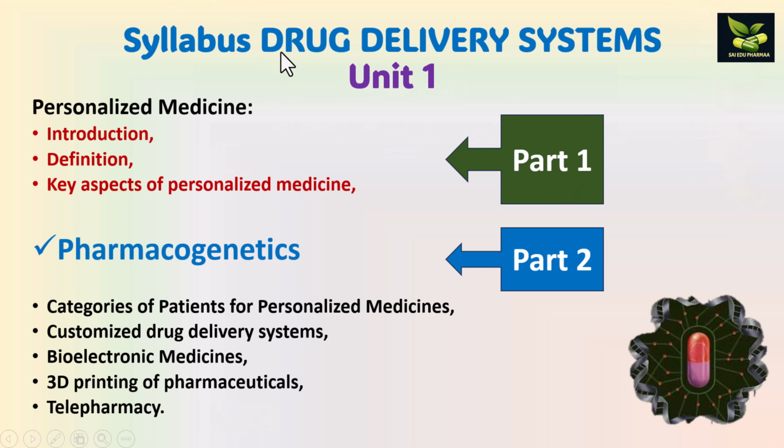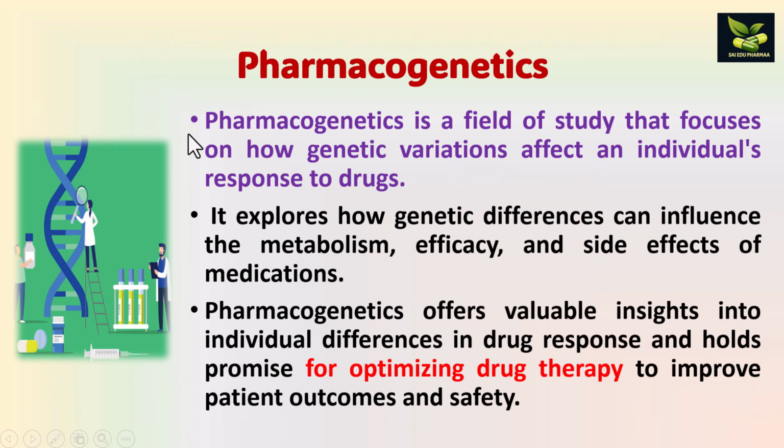This is the syllabus, and in unit 1 personalized medicine topic we have already seen in part 1 introduction, definition, key aspects of personalized medicine, and in today's video we are going to discuss pharmacogenetics, and in further videos we will be discussing categories of patients for personalized medicines, customized drug delivery systems, bioelectronic medicines, 3D printing of pharmaceuticals, and telepharmacy. So first of all we will see what is pharmacogenetics.